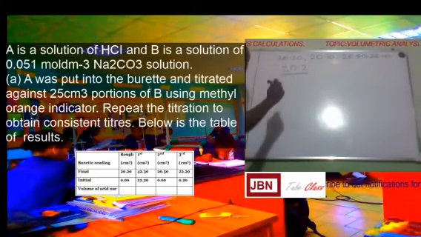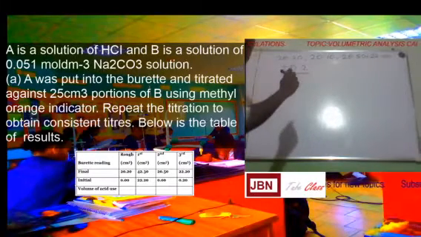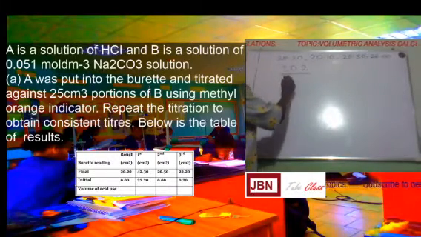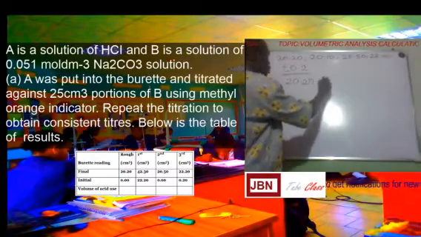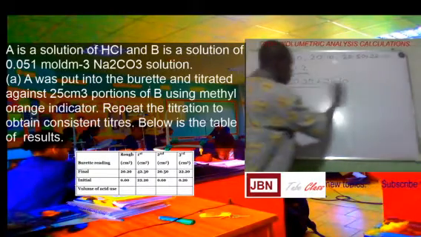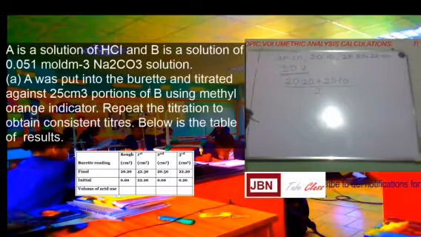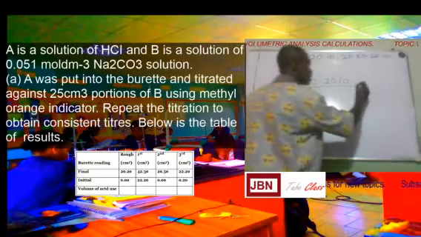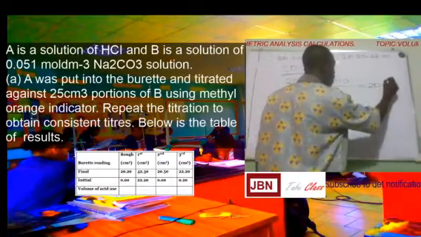Now let's calculate our average from this result. We have only 2 values that fall under this range, and they are 20.20 plus 20.10. Since we have 2 of them, we are averaging, we divide by 2. The moment you have done this, you are going to get 20.15.